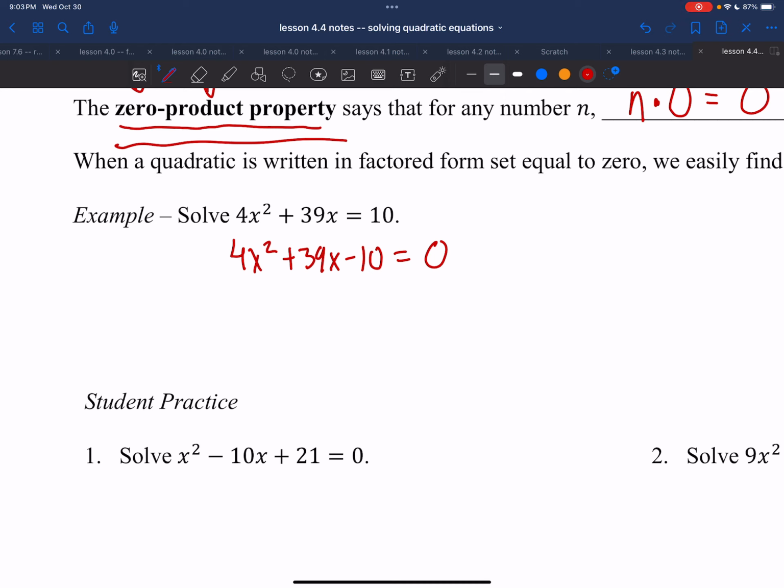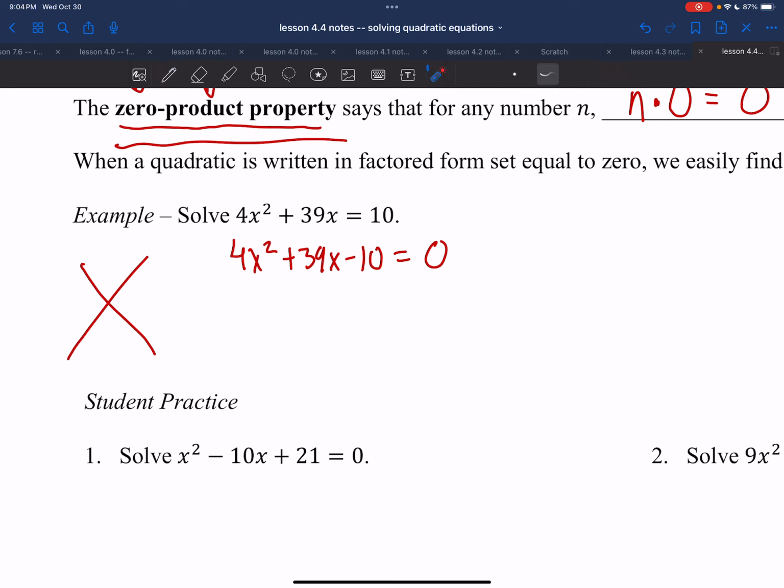Once I've done this, I just factor. And you can use any factoring technique you like. You want to draw a box, do factor by grouping, or do the kick it method, or kung fu method, as some of you are calling it, whatever, it doesn't matter. But I'm just going to go ahead and quickly factor this.